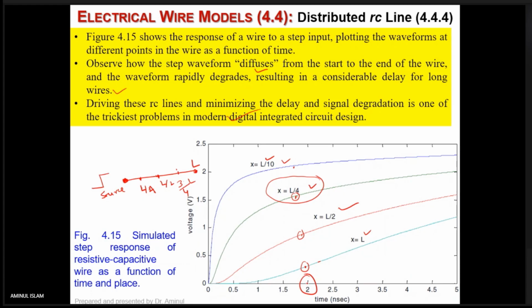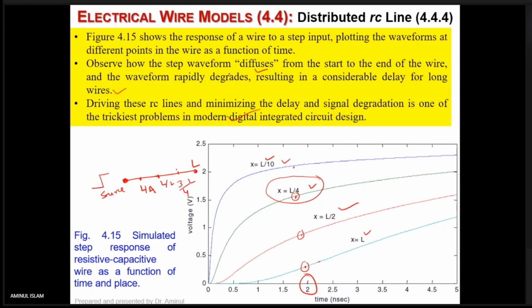At this point, if you consider time equals 2 nanoseconds, you see that values are very different from each other. With this, we can understand how much of a problem the interconnect creates in terms of delay. Is it understood? In terms of delay, why interconnect should be studied and understood.